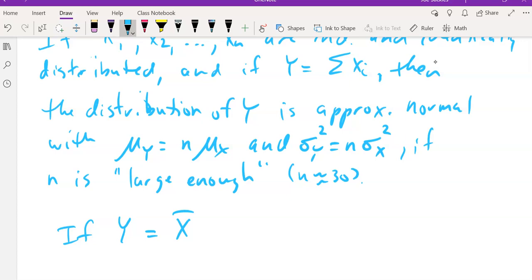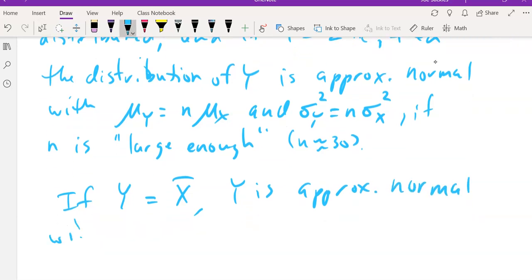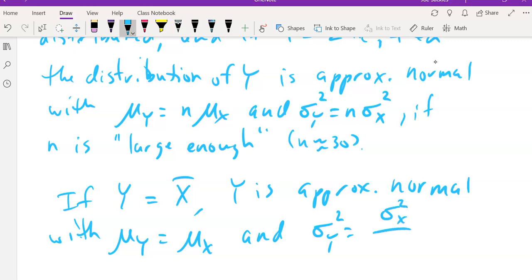So if y is x bar, then again, y is approximately normal with the mean of y equaling the mean of x and the variance of y equaling the variance of x over n. And again, this is if n is large enough.